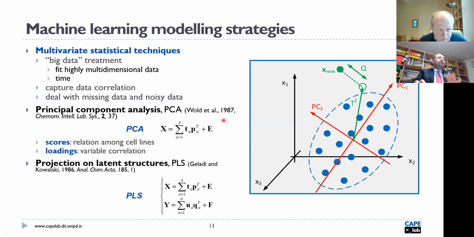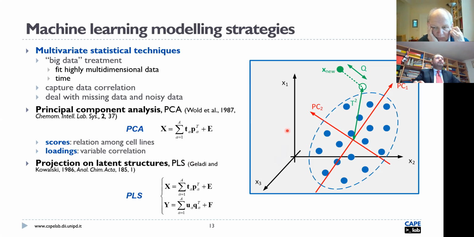They are mainly related to the use of database methodologies, so pattern recognition techniques. But in this case, I will show you only the application of two multivariate statistical techniques, which are PCA, principal component analysis, and PLS, projection on latent structures. I don't want to give you too many details on the mathematics. I can simply say that these are appropriate tools to deal with large multidimensional data where variables are highly correlated.